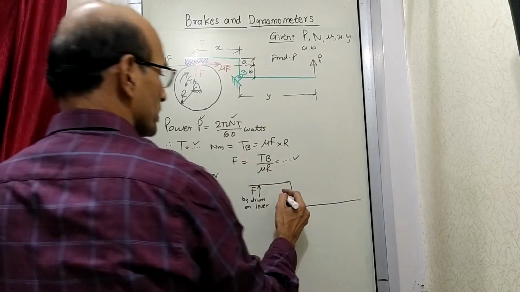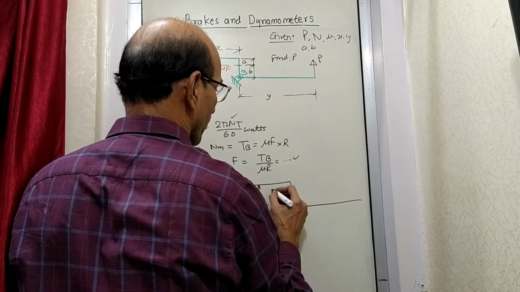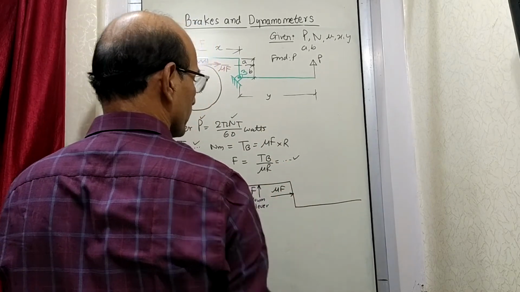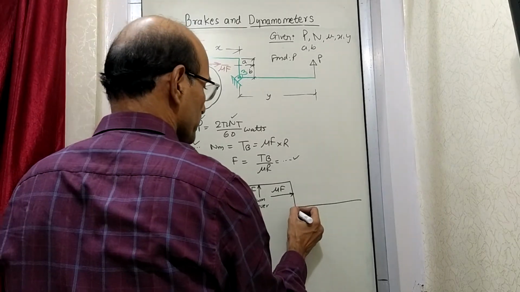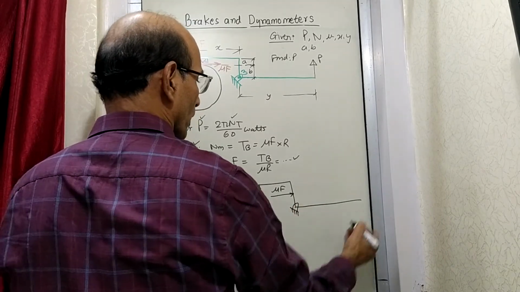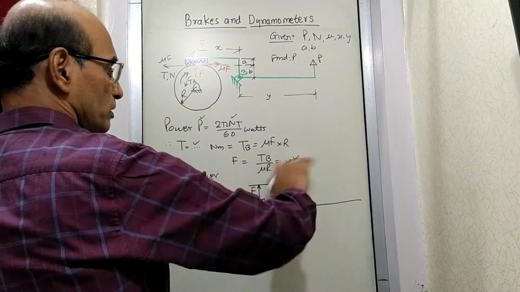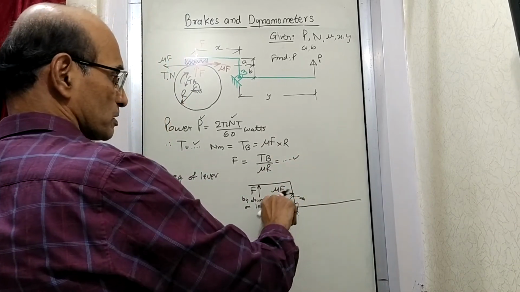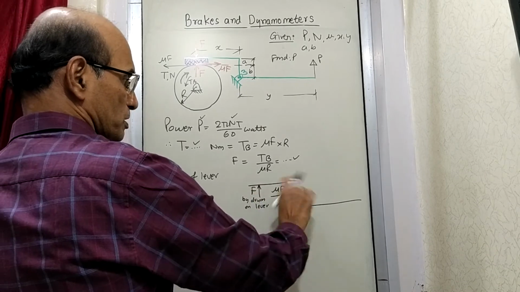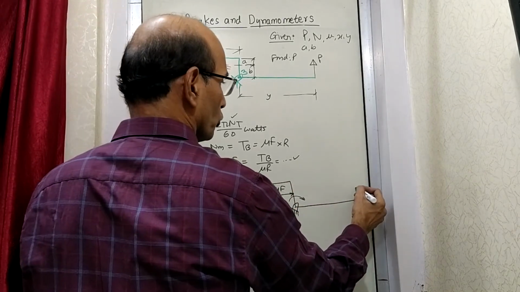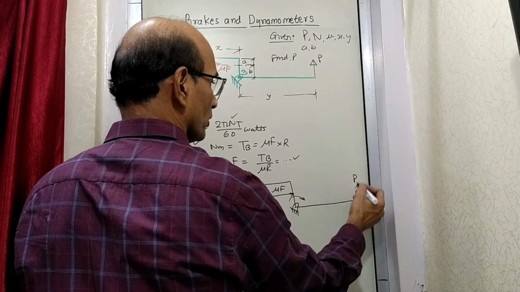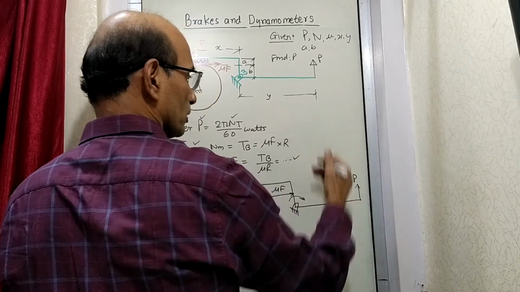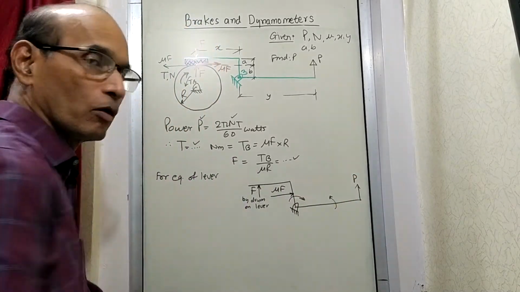Then mu F is acting somewhere here. Fulcrum is here. So both of them are causing clockwise movement, force and distance, clockwise. To nullify that, you are applying effort in the upward direction, which will cause anti-clockwise movement.